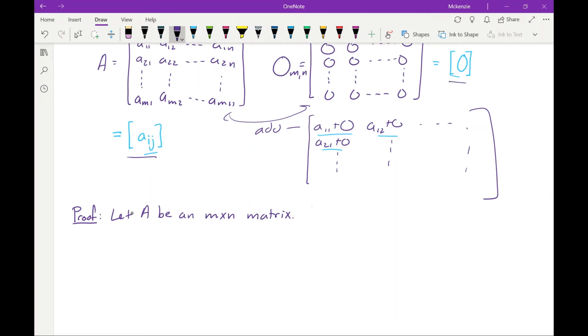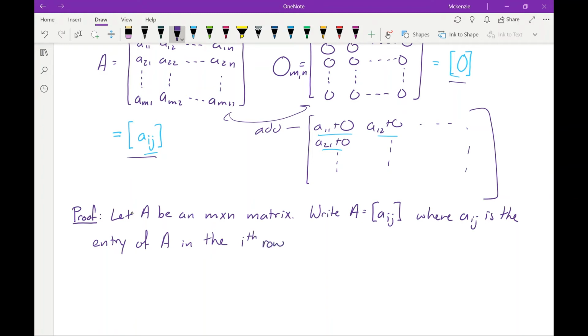So let's write A equal to the Aij's, where Aij is the entry of A in the ith row and jth column.